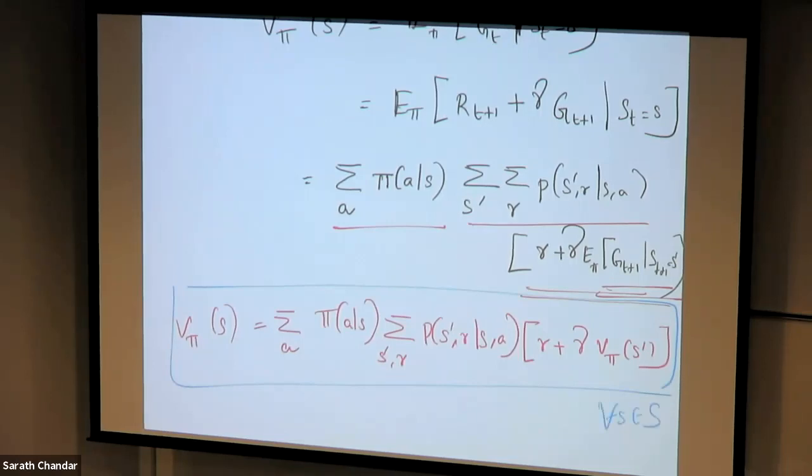For every state, its value is defined using expectation over the values of the next state s dash. Now this equation is known as the Bellman equation, named after Bellman, who did a lot of foundational work on Markov decision processes and dynamic programming approaches that we are going to see in today's lecture.